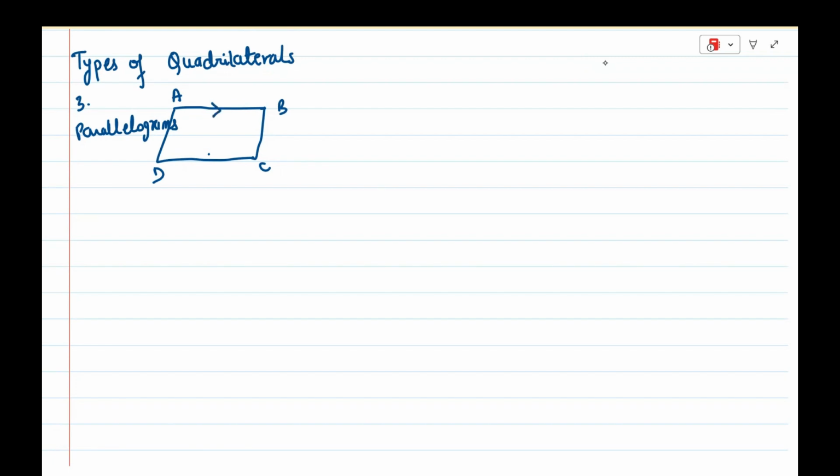It means AB is parallel to CD and AD is parallel to BC. Here, obviously, the opposite sides are also equal.